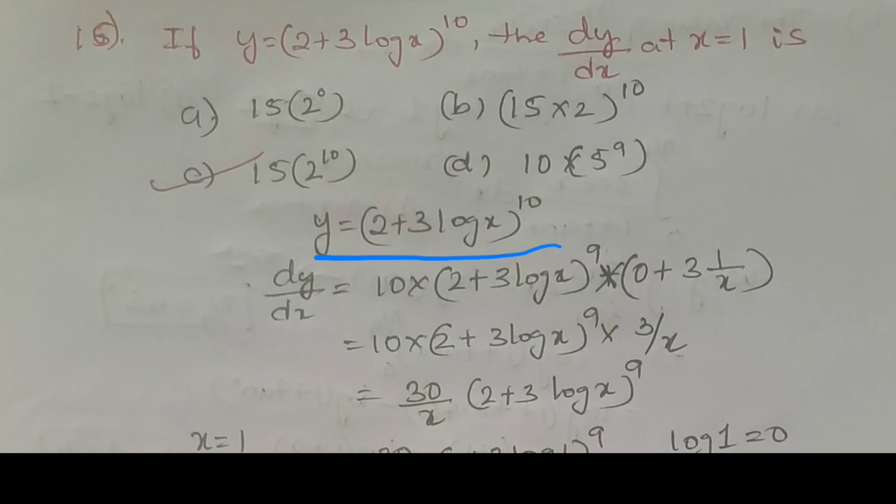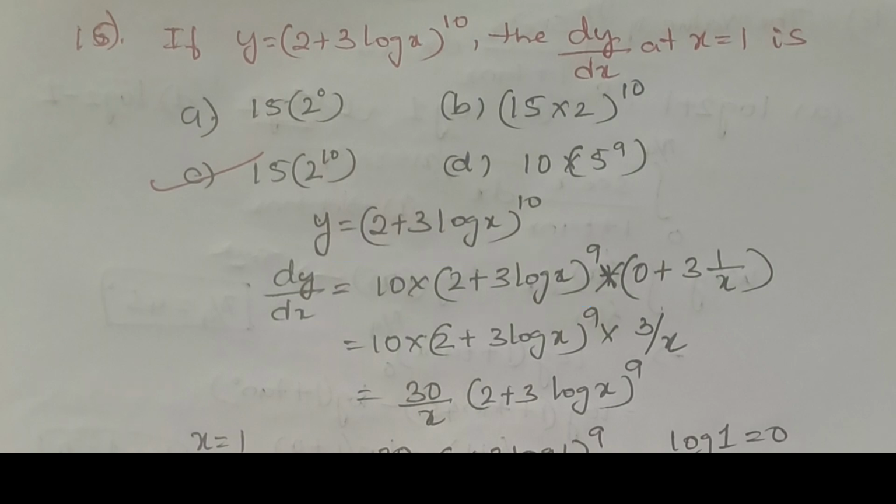If you differentiate this, the power 10 as it is, and the power becomes 10 minus 1, 9. Again you have to differentiate: differentiation of a constant is 0, plus 3 into log x, which is 1 by x. Everyone knows differentiation of log x is 1 by x.